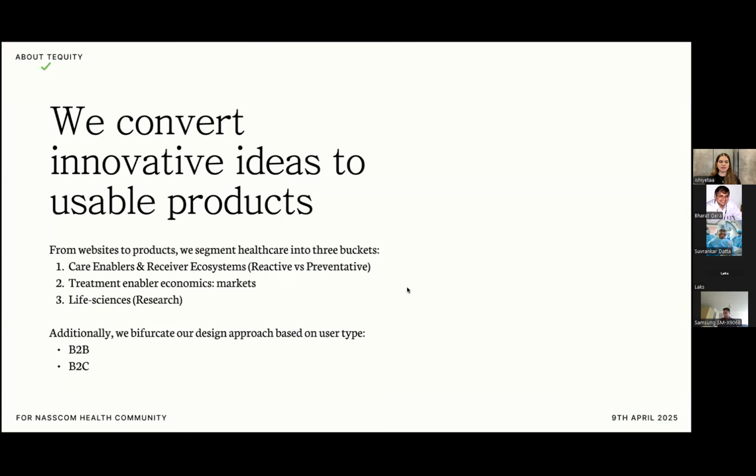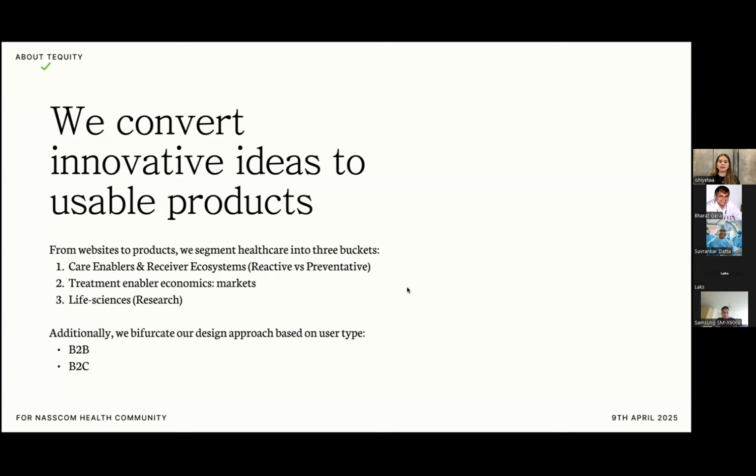Just to give a little background about Techwity, we convert innovative ideas to usable products. The way that we have learned to bucket healthcare over time when it comes to design and technology is to look at it in three different segments. The first one is what we call care enablers and receiver ecosystems, which we also say is the patient, provider, and the insurance bucket.